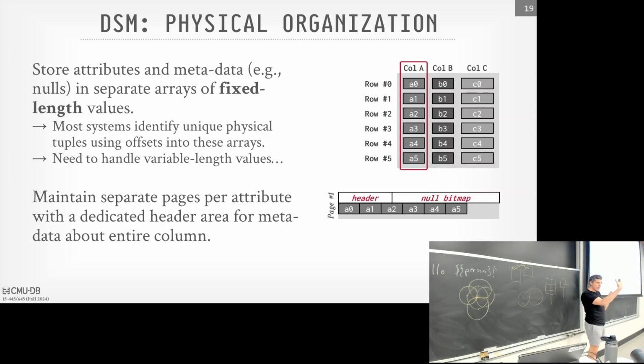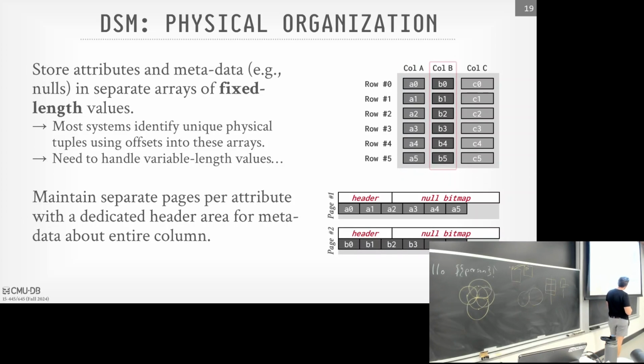So instead of having a separate bitmap header per tuple, now it's on a per-column basis. But I know what offset in my bitmap corresponds to what offset in the values, and what logical tuple that corresponds to. Then I have the same thing for the other two columns. Again, I'm showing these as one page, but you can imagine this could be multiple pages.